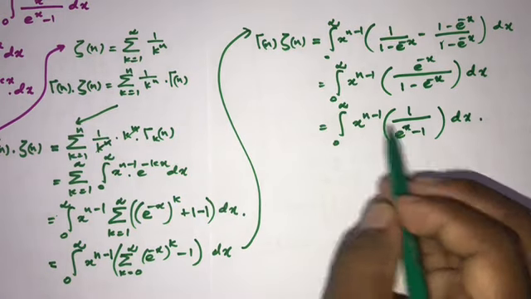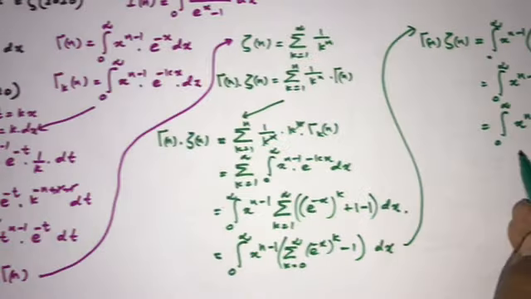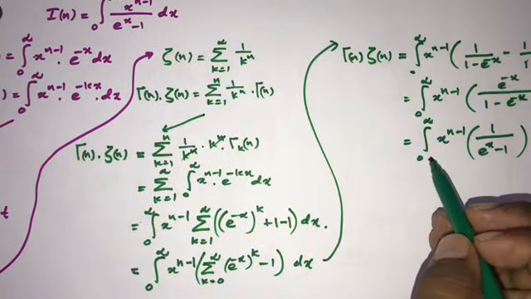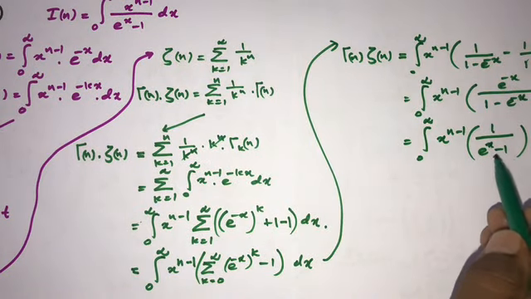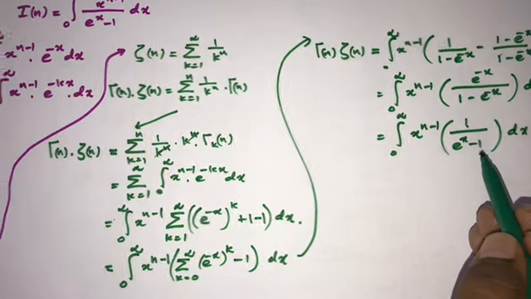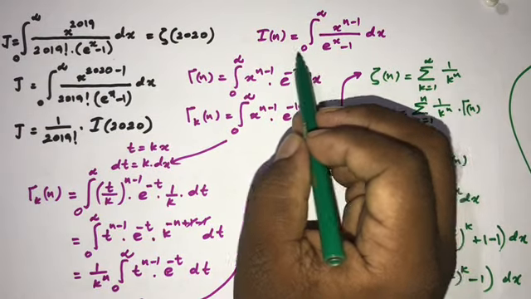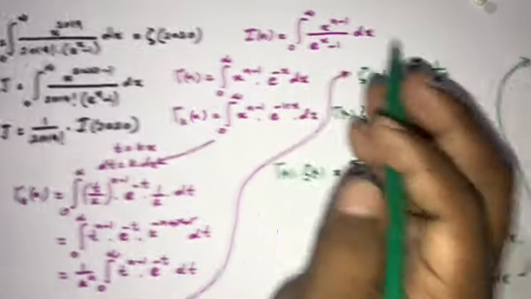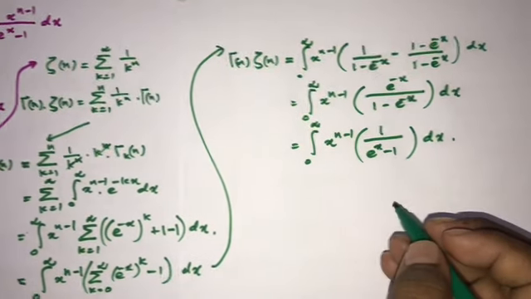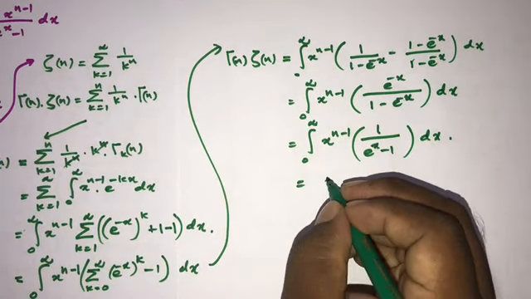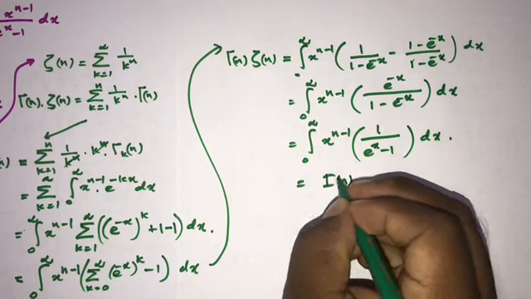Now this is familiar because the integral from 0 to infinity of x to the n minus 1 over (e to the x minus 1) dx is equal to I of n.